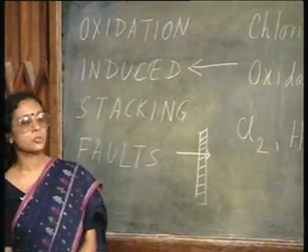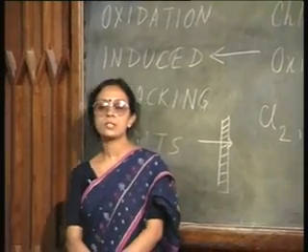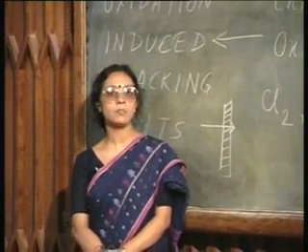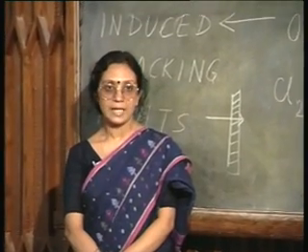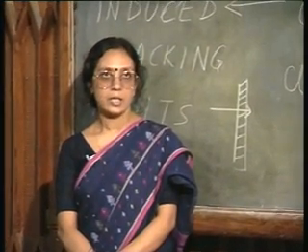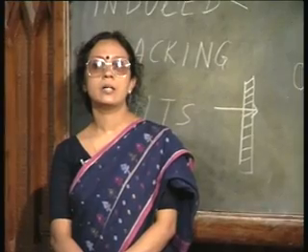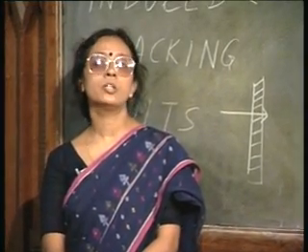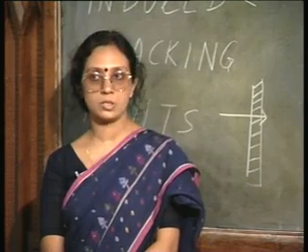In addition to these things, chlorine oxidation also helps in improving the lifetime of the carriers. You know, lifetime in the device is dependent very much on the presence of deep impurities.